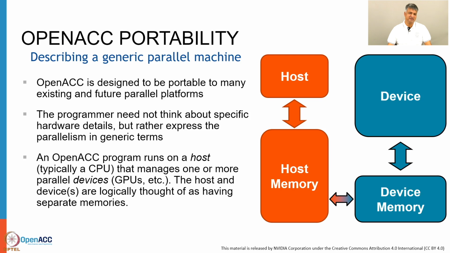So an OpenACC program, very similar to a CUDA program, ideologically runs on a host, which is typically a CPU, but then manages one or more parallel devices. Now, this could be GPUs, it could be multi-core CPUs, and so forth. The host and device are logically thought of as having separate memories. In actual realization, they might have common memories, but there is some sort of demarcation in the ideology on how we use this.